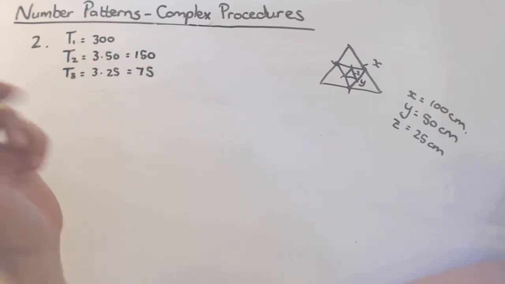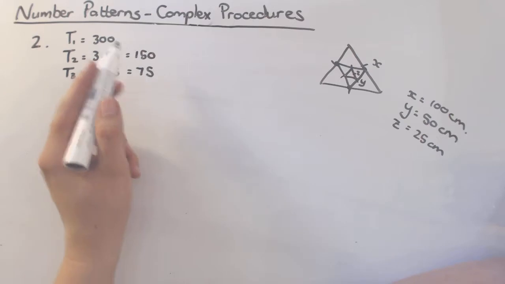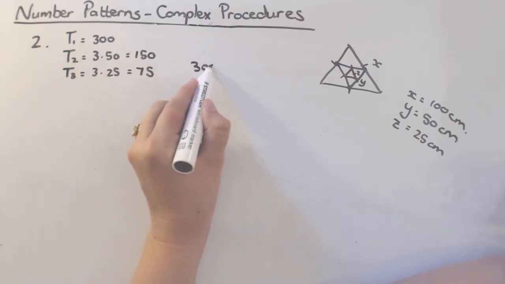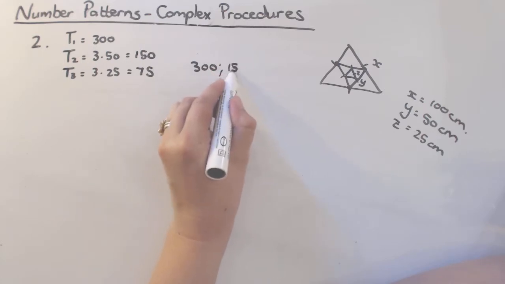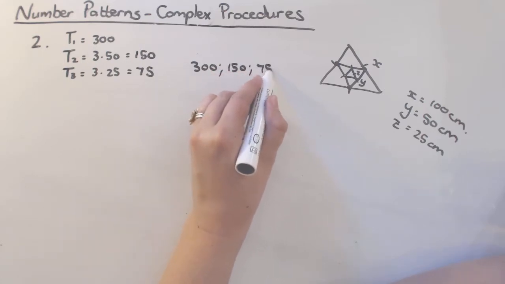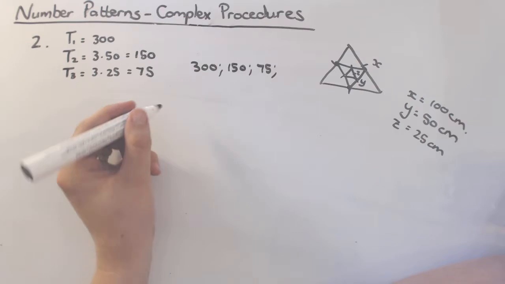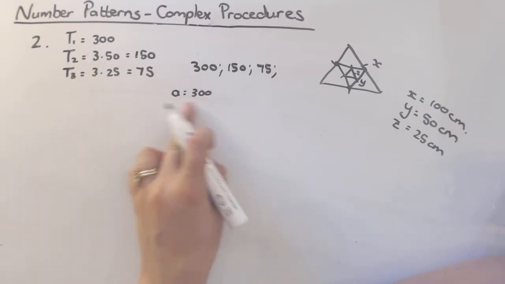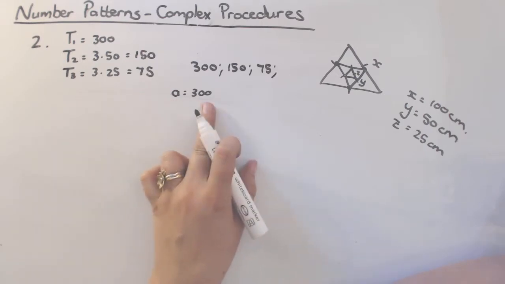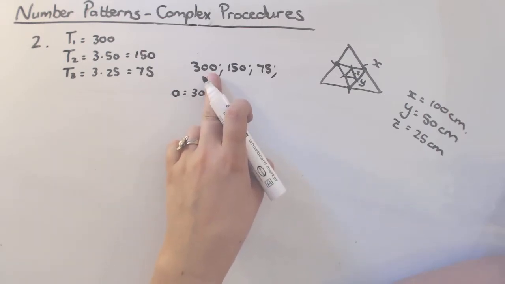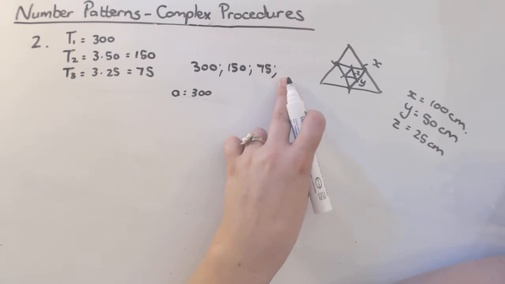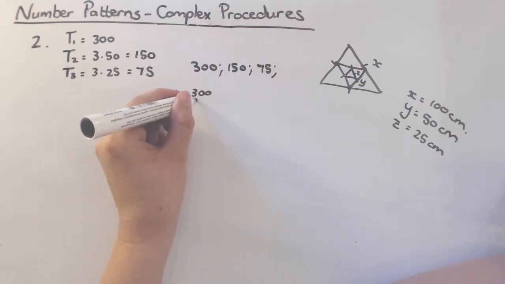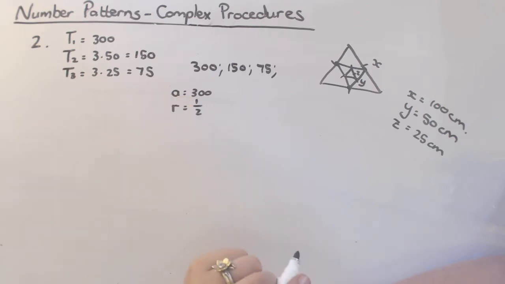Right, so I can see I've got a pattern: 300, 150, 75. And what's happening? I've got a pattern with my first value 300, and then can you see it's times a half, times a half, times a half. So this is a geometric pattern with my r value of a half.